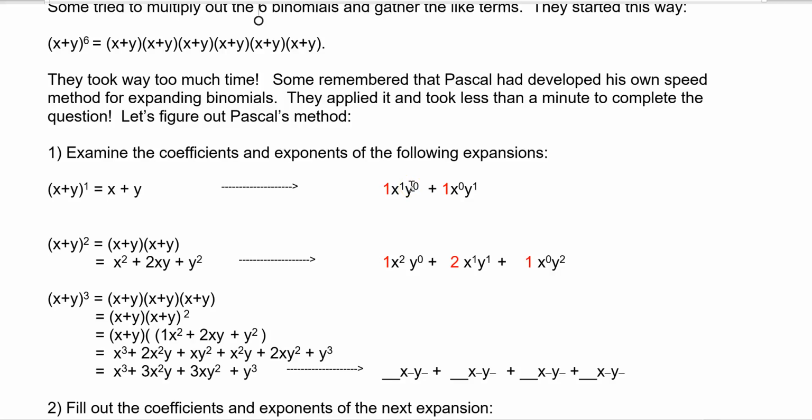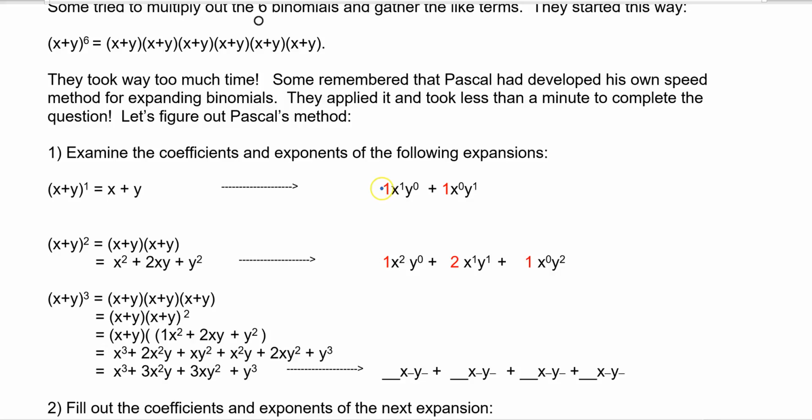Because the y variable is not actually there for the first term, it will have an exponent of 0. And because the x variable is not really there on the second term, x will be to the power of 0. I've also written in the exponents of x to the power of 1 and y to the power of 1. Normally, we wouldn't do that, but we're going to be looking for a pattern. What I also have written in here already are the coefficients, 1 and 1.